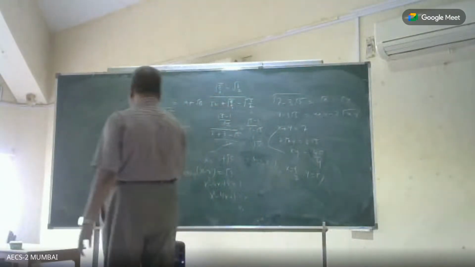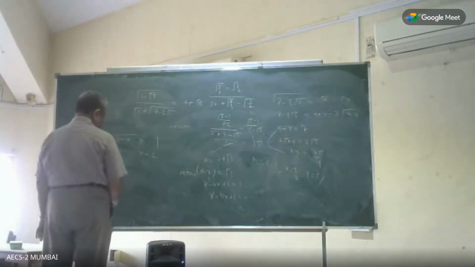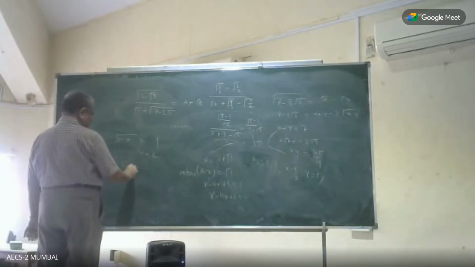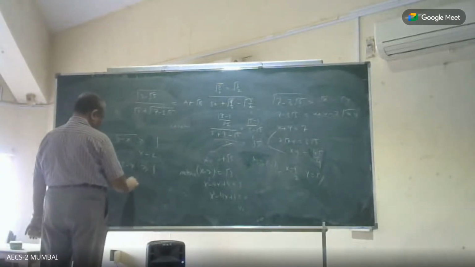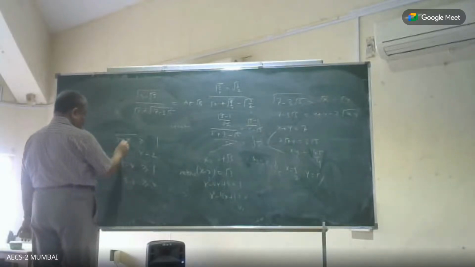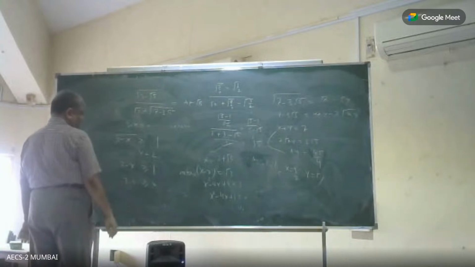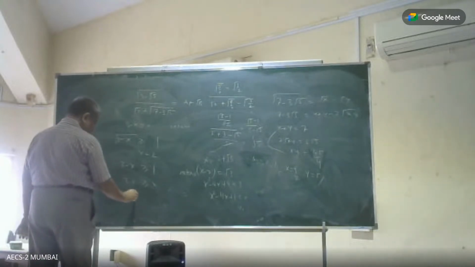X is less than or equal to 2. So square both sides, so this 3x and 1, so this is x is less than 2. And here you have said something. You will have to say that. So what is the solution?